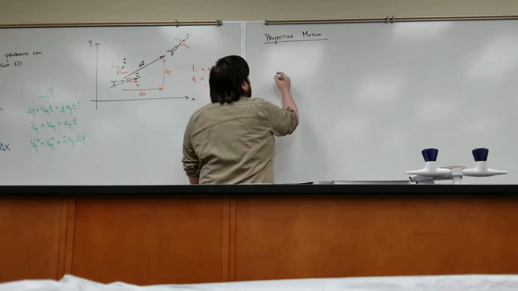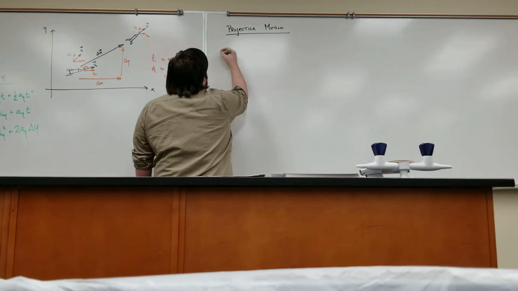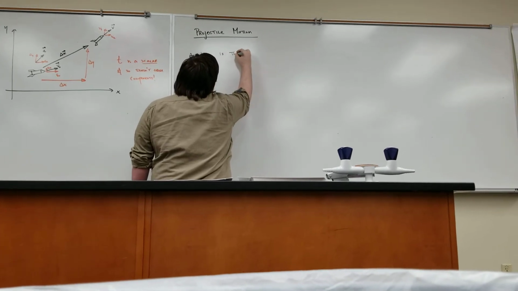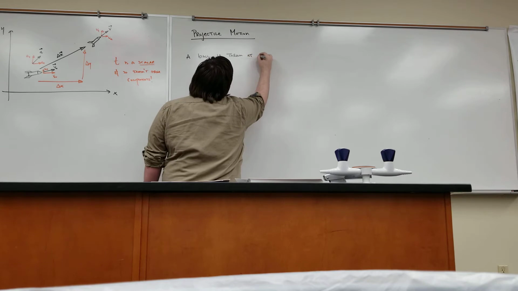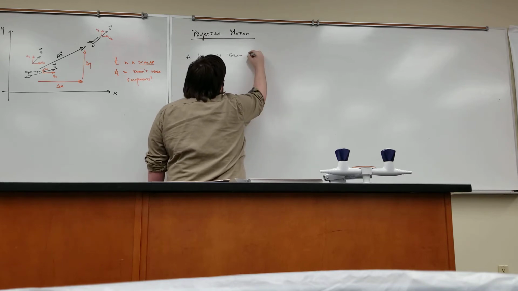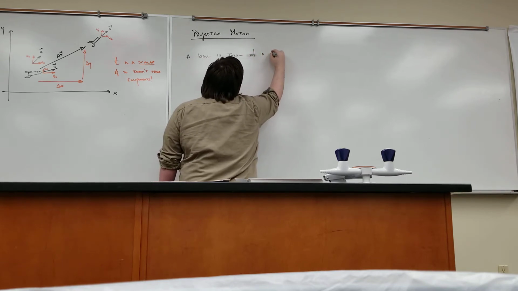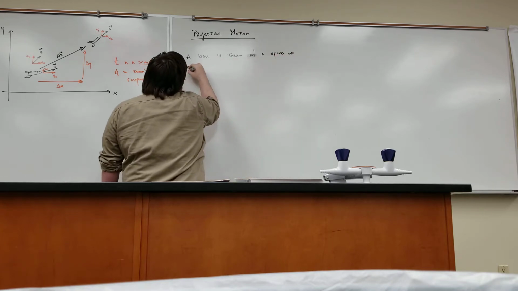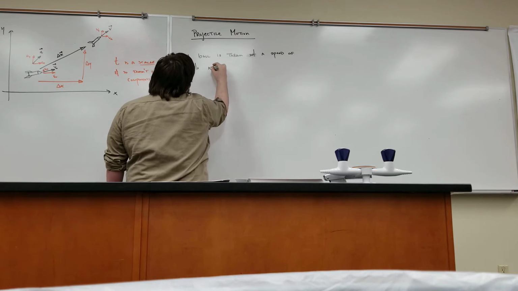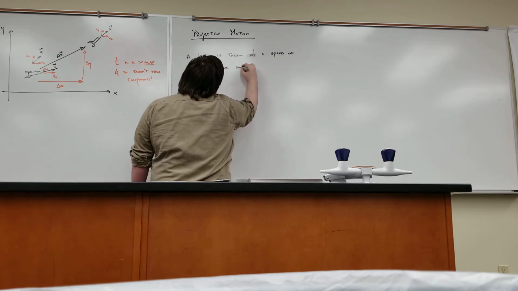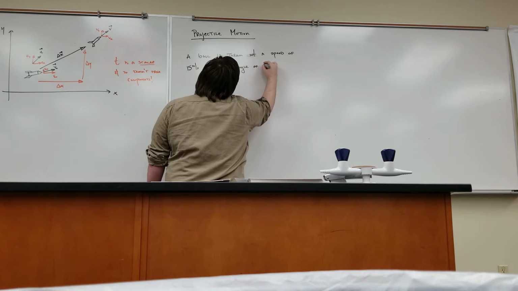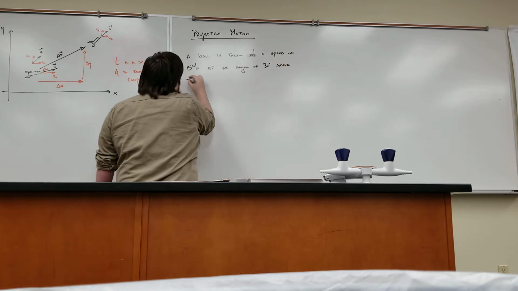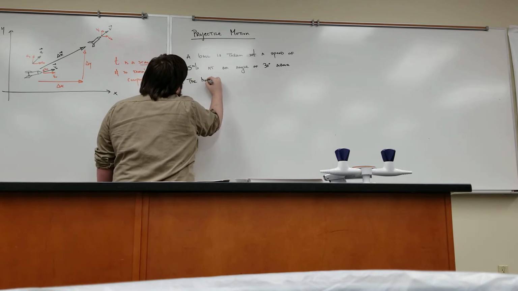So imagine that a ball is thrown with a speed of 15 meters per second at an angle of 30 degrees above the horizontal.